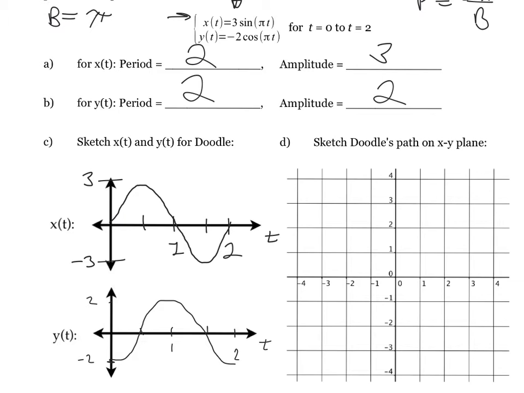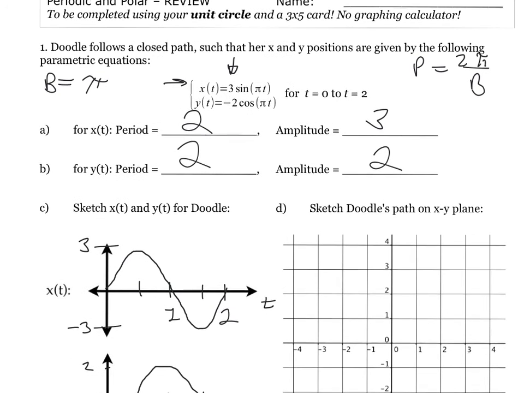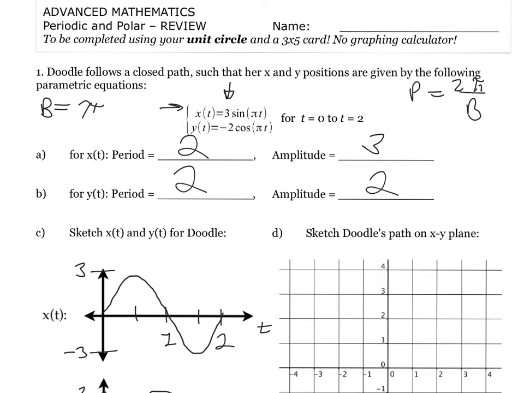Wait, so, because normally, hold up, why is y cosine and x sine? Right. So we can use, and we will, I warn you, we can be arbitrary about what trig function we use here to indicate the horizontal position and the vertical position. So if you're thinking, and this is good, you're thinking in terms of the unit circle where the x is the cosine, the y is the sine.